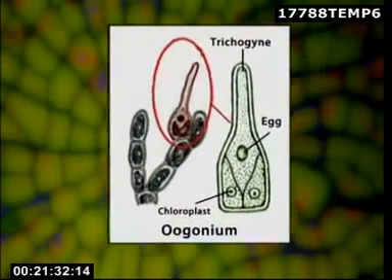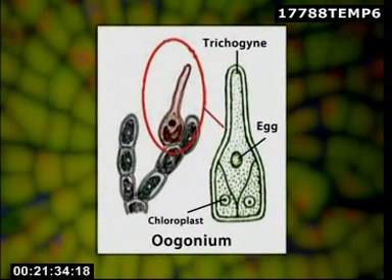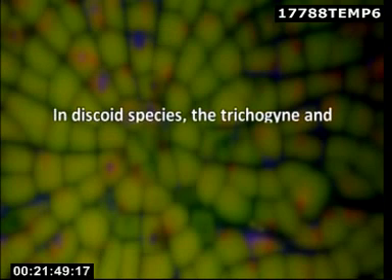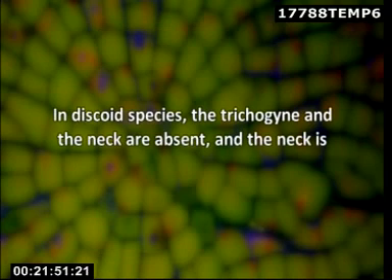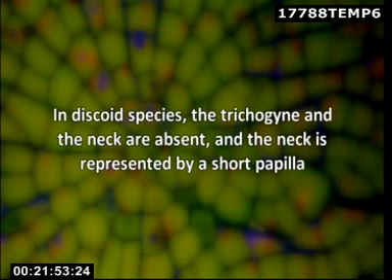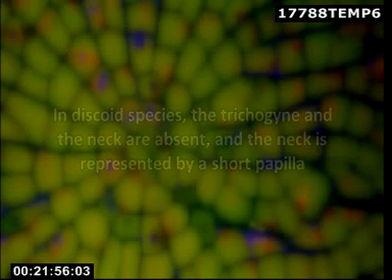The oogonium is a flask-shaped structure with basal swollen portion which contains an egg and a chloroplast. The terminal portion is neck-like and is called trichogyne, which contains colorless cytoplasm. However, in discoid species, the trichogyne and neck are absent and the neck is represented by a short papilla.